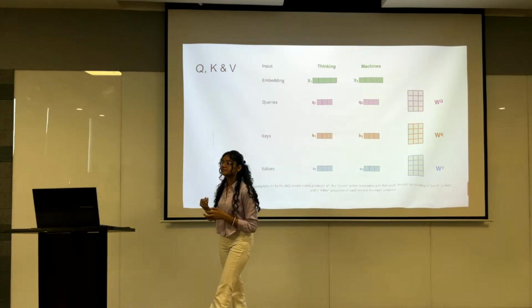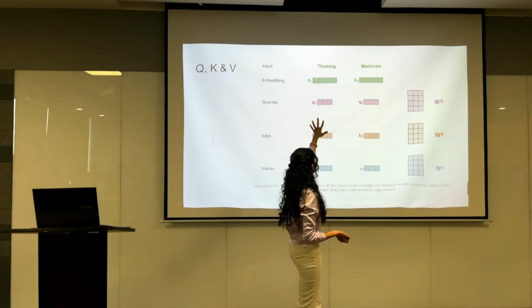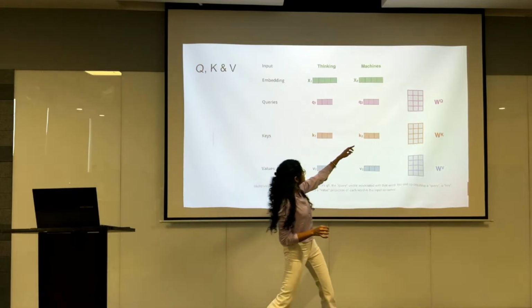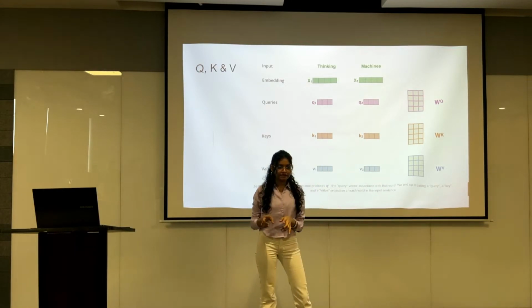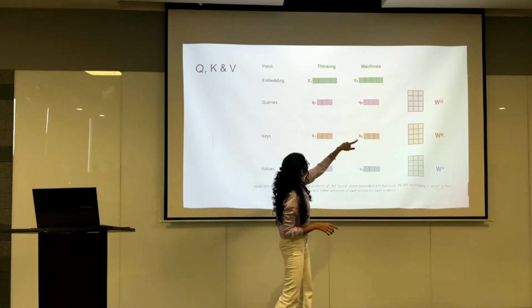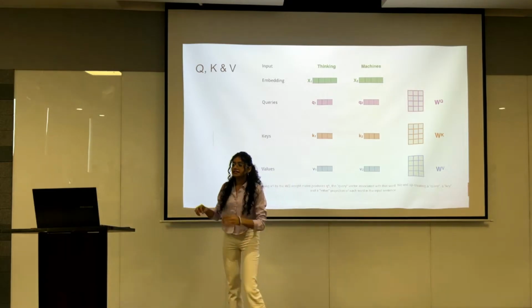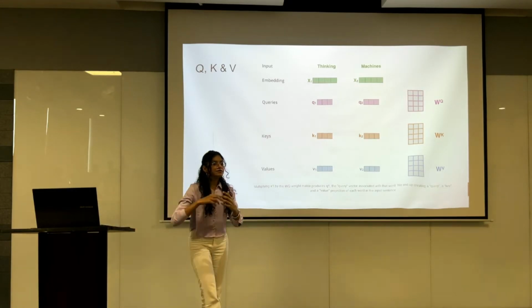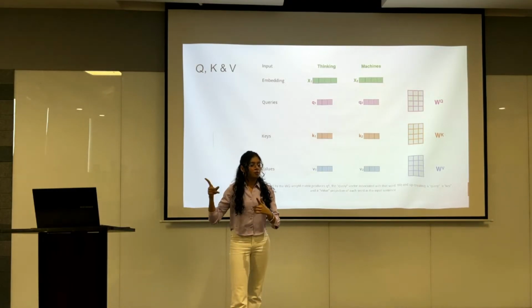So for example, if I have two words, thinking and machines, suppose x1 and x2 are the word embeddings, then these are the weight matrices for query, key, and value. We'll multiply those and we'll get the query, key, and value. This will be forwarded to the feed forward neural network, and then we'll have more combinations.